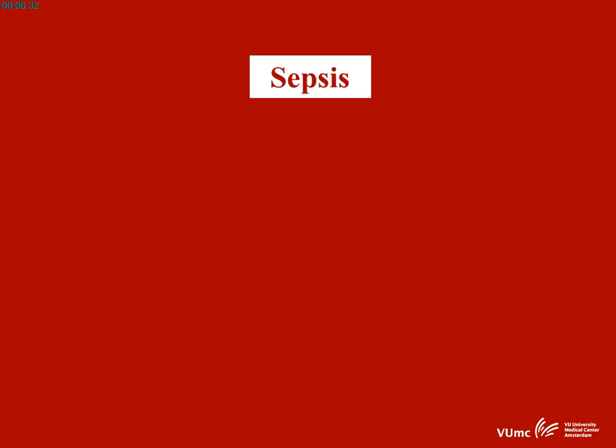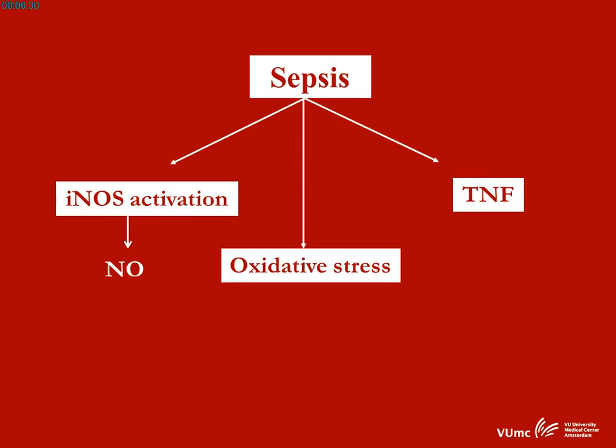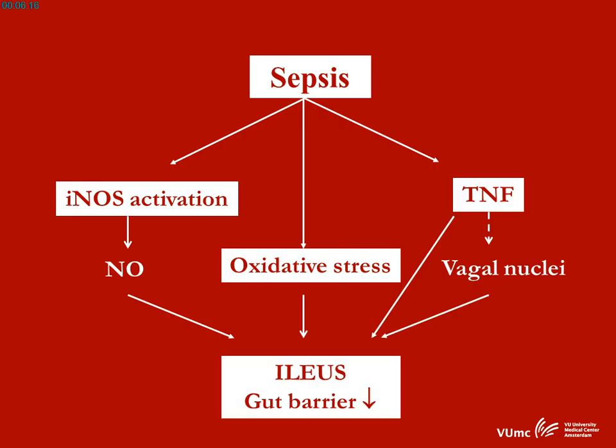If we go to sepsis, well, sepsis is associated with iNOS activation and abundant NO production, oxidative stress, and TNF. And TNF inhibits vagal nuclei activity and output, and all contribute to ileus and gut barrier failure.